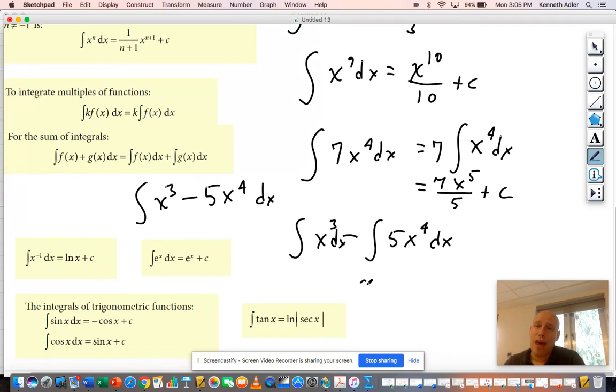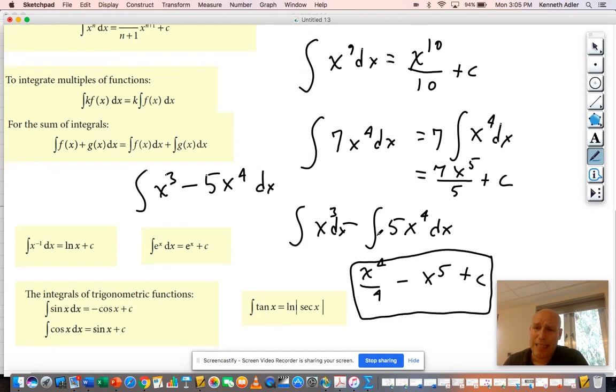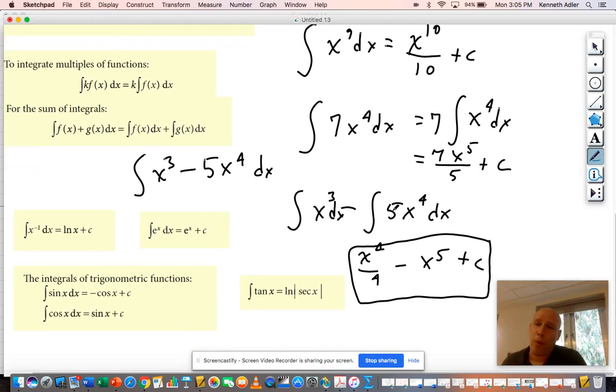Final answer, x to the 4th over 4 minus x to the 5th plus c. Some of you might say, do we need a C1 and a C2? No, they're both constants. We'll see that much, much later, if at all. But in general, with a polynomial, it's just one C.